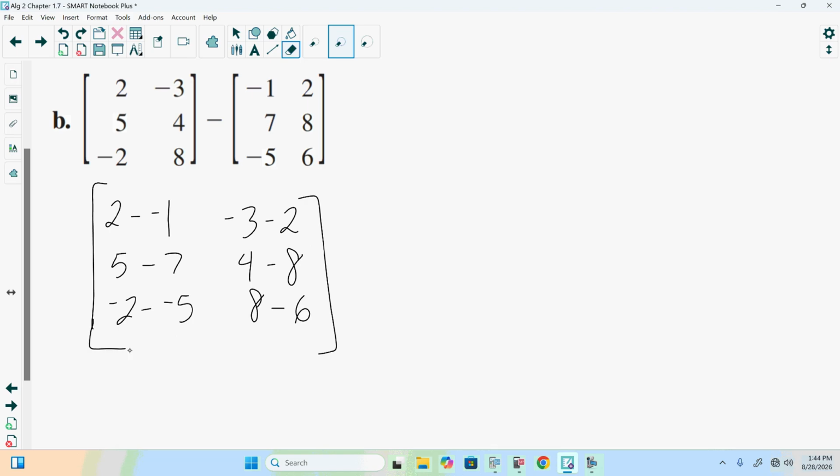Since we had subtraction between them, we're subtracting the corresponding elements. 2 minus negative 1 is 3, because our negative makes a plus. Negative 3 minus 2, negative 5. 5 minus 7 is negative 2. 4 minus 8, negative 4.